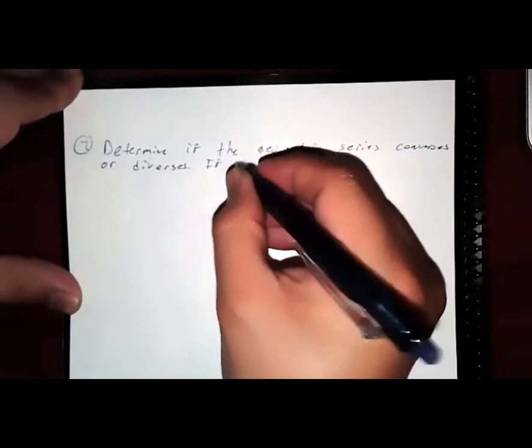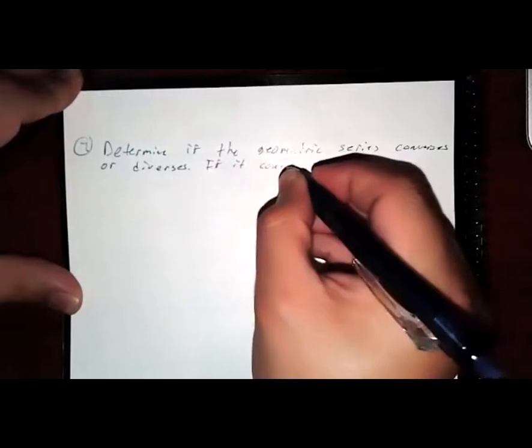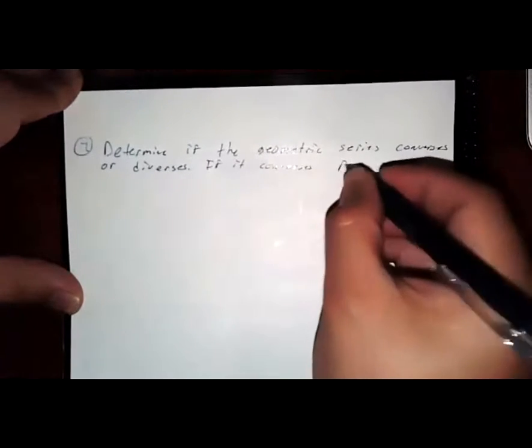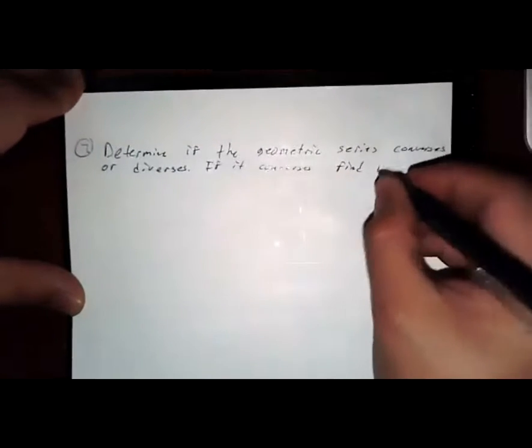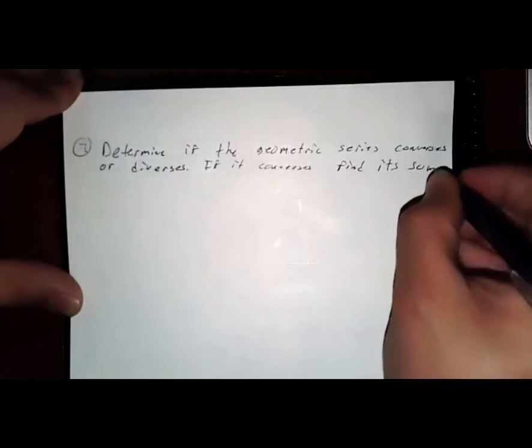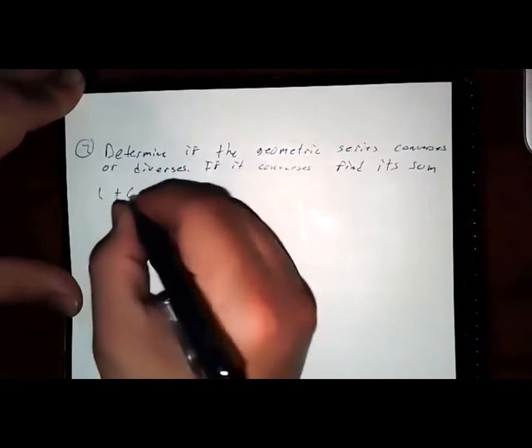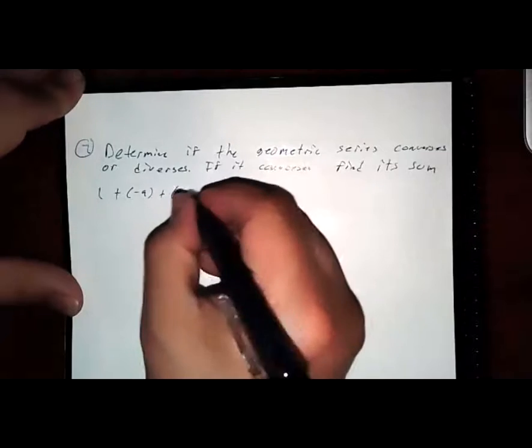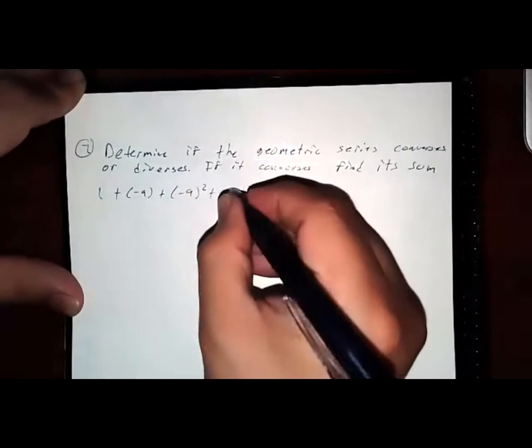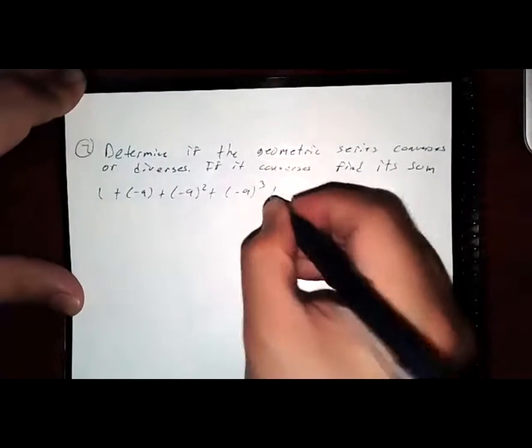If it converges, find its sum. That's what we did earlier. So 1 plus -9 plus -9 squared plus -9 cubed, right, forever.